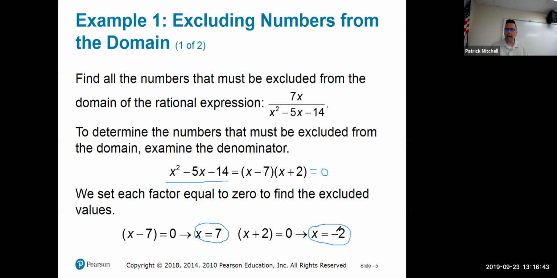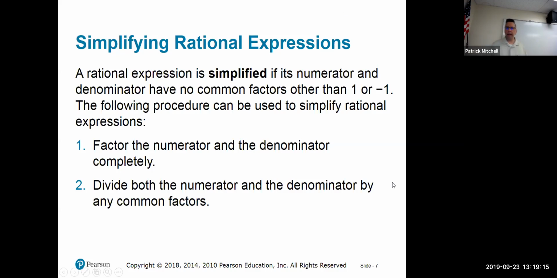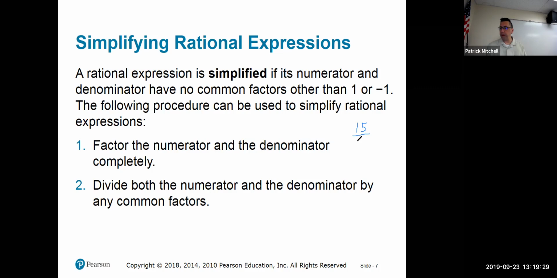And just as an FYI, if they were to ask you what is the domain of this rational expression, you would say all real numbers except 7 and negative 2. Okay, so now we're ready to simplify some rational expressions. Just like with regular old ordinary fractions, like 15 over 25, the way that you simplify that fraction is by finding common factors.